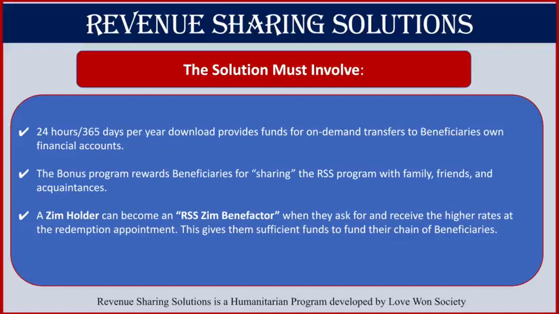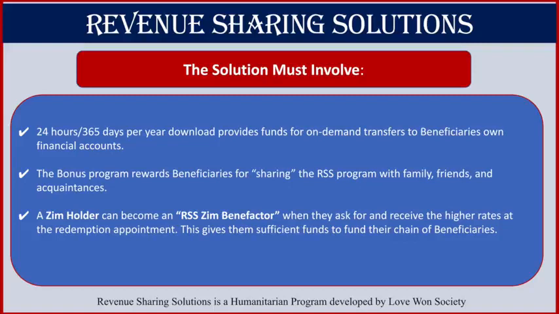We want people to thrive. And so the solution must involve a 24-hour, 365 days per year download, which provides funds for an on-demand transfer to beneficiaries' own financial accounts. They're in charge of it. They just ask for the money to come down into their accounts, and it comes out of the RSS program and into their account. They can use it and spend it.